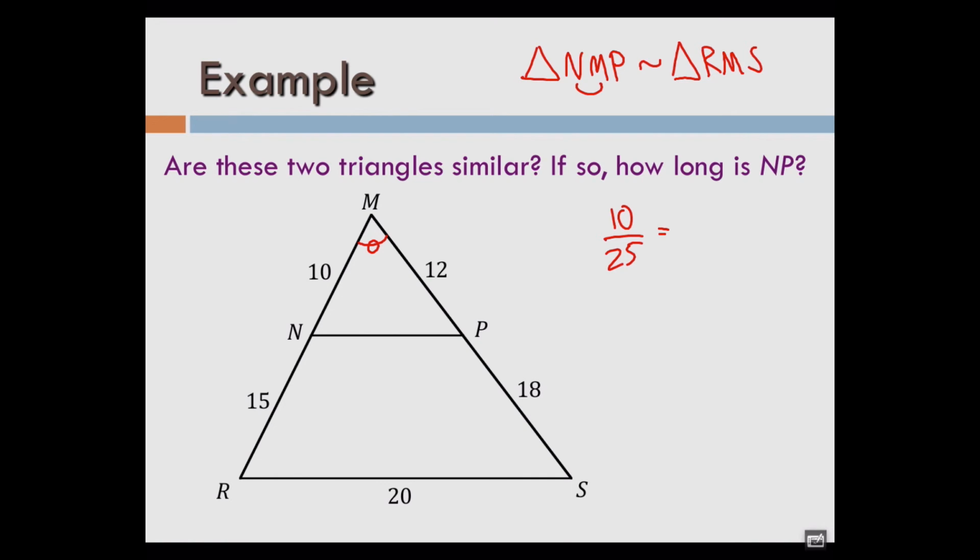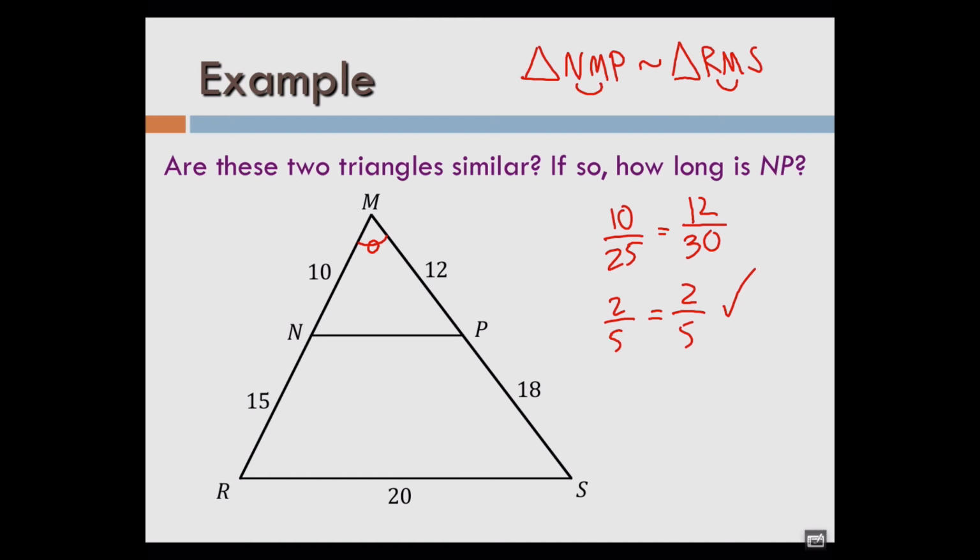MN is the first two. Therefore, it has to correspond to RM, which the entire length of RM is 25. Equals 12 over what? 30. 10 over 25? 2/5. 12 over 30? 2/5. Yeehaw!